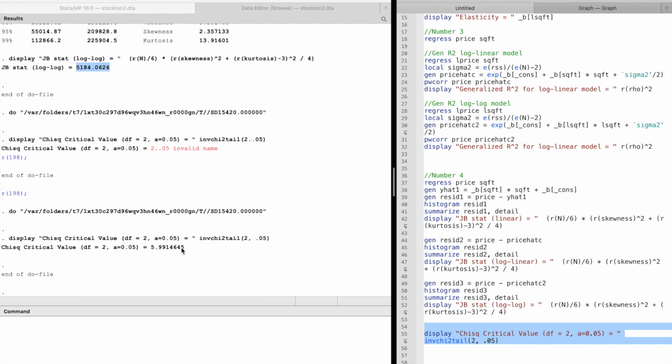Alright, and we get something around 6. So none of these models conform with our normality assumption. We reject the premise that our residuals are normally distributed, but we can see that our log linear model is the best in terms of conforming to that assumption.